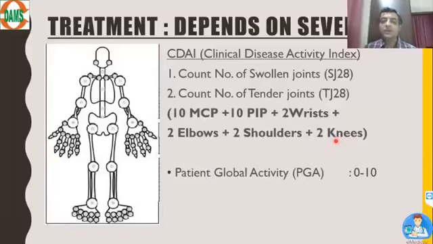You will also take into account the patient global activity score. You have to count only these 28 joints, PIP being the proximal interphalangeal joint. We have to look at the patient global activity, 0 to 10.